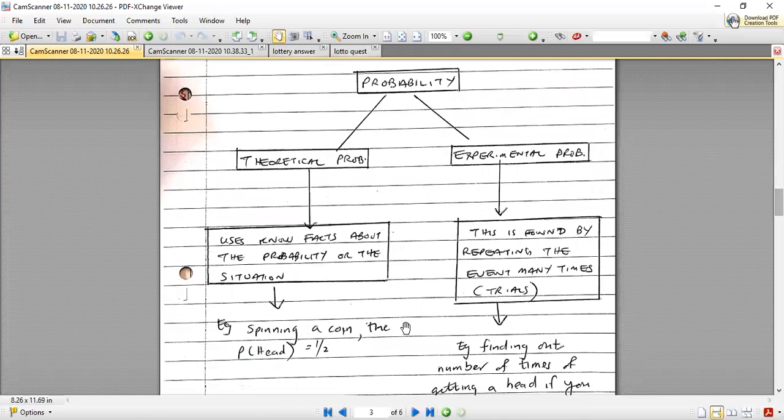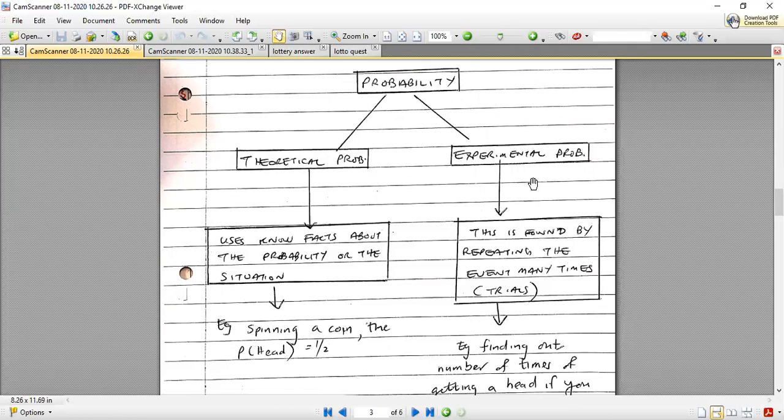For example, in spinning a coin, we know that the prediction of getting a head would be 1 out of 2. So this is called a theoretical probability, and this is equal to 50%. In theoretical probability, as the word suggests, it is in theory that out of the number of spins, half the number of spins will be heads and half will be tails. But that is theoretically.